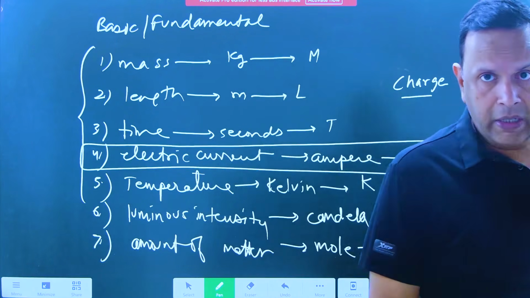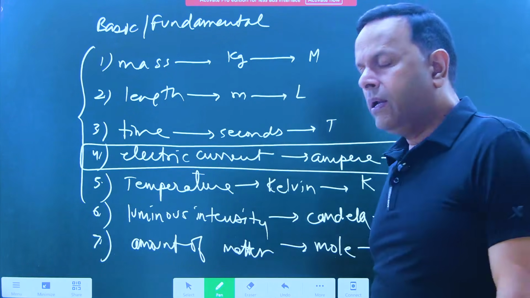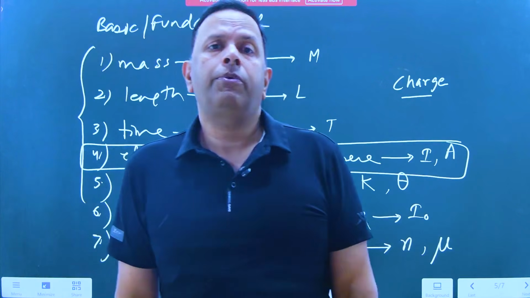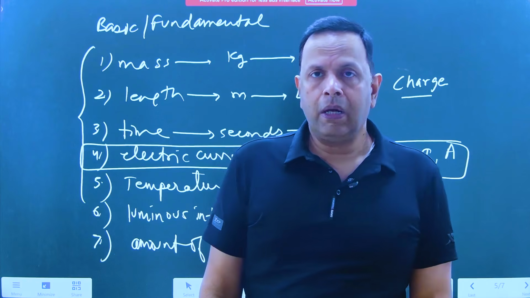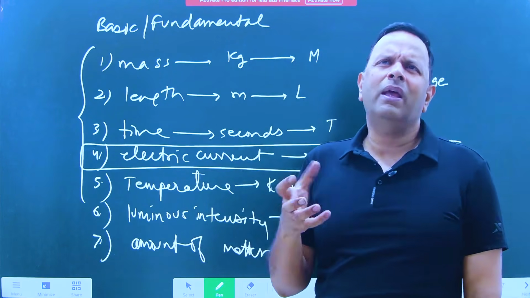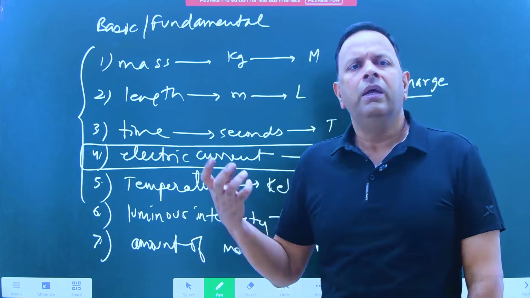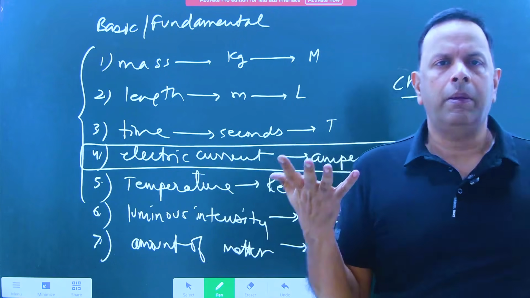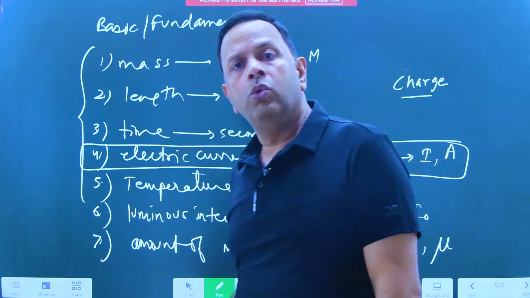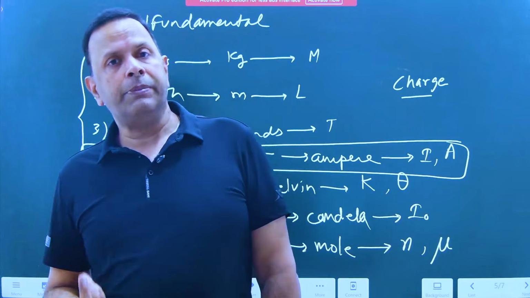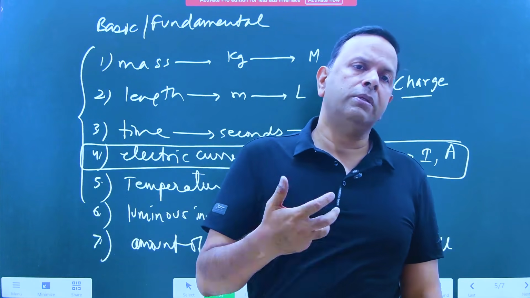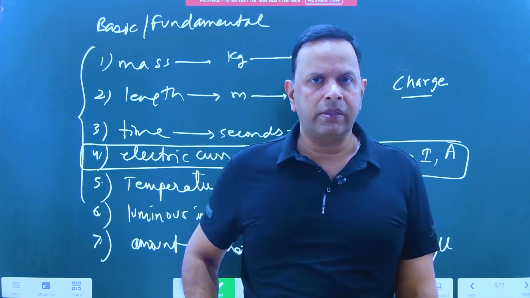And since in our day-to-day life, magnetic effects are very prominent phenomena happening around us, that's why, just for the sake of some convenience, the current was taken as the fundamental. So yes, this happens that sometimes we make a rule and then we make an exception for that also, because sometimes those exceptions make the situations easier for us.